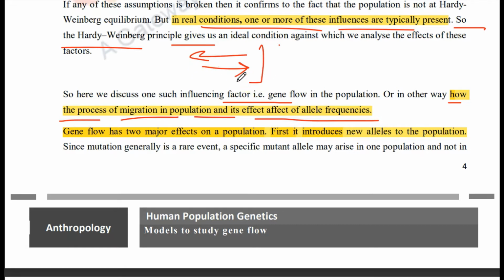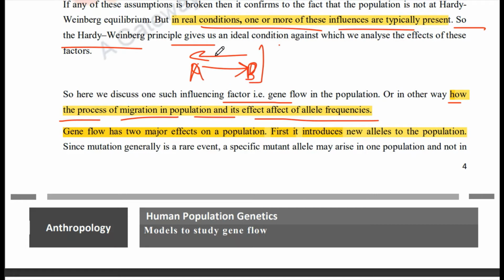Because of migration, how are the allele frequencies of, say, population A and B affected if there is an inflow of alleles from population A to B, and how is the frequency of population A affected when there is an inflow from population B to A? How is the gene pool of population B affected when there is outflow from population B, right?